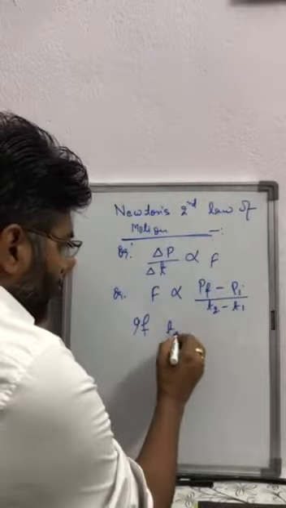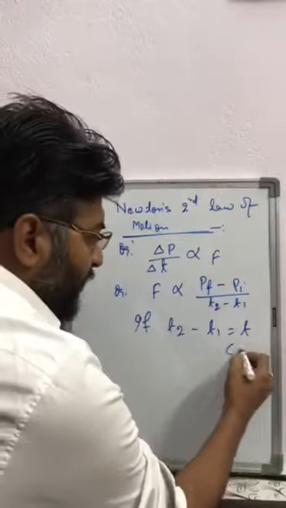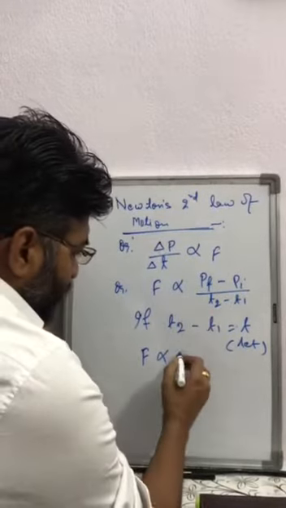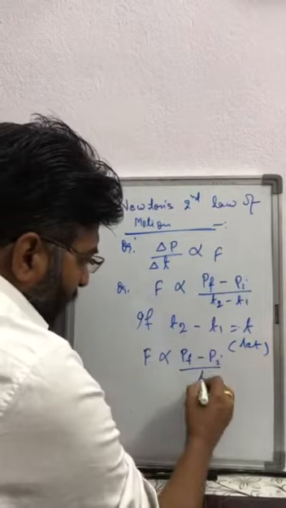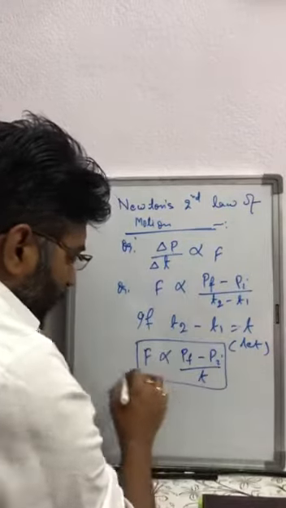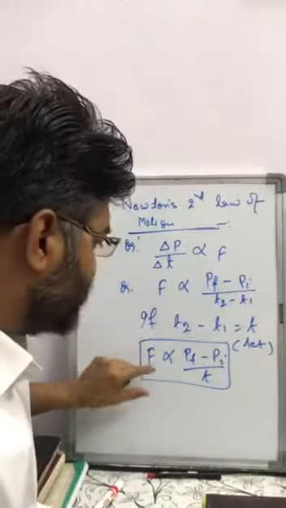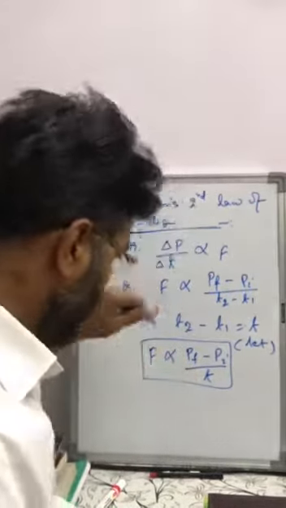If T2 minus T1 is equal to T, then F is directly proportional to (Pf minus Pi) by T. So according to Newton's second law, force is directly proportional to change in momentum with respect to time.